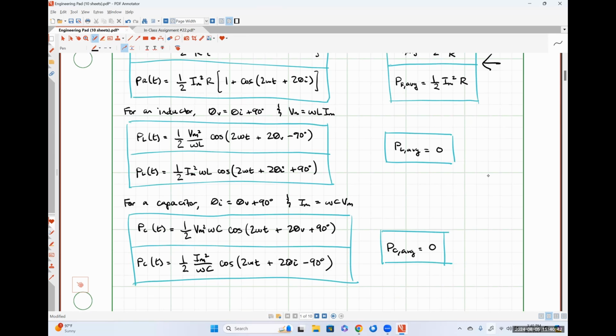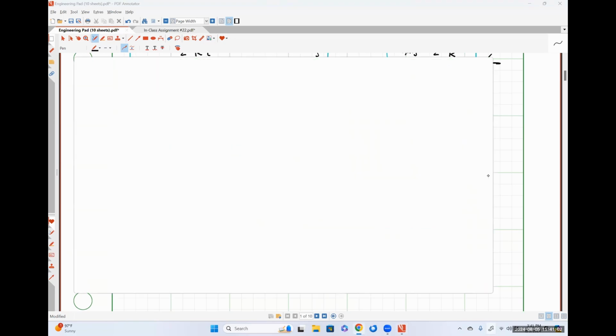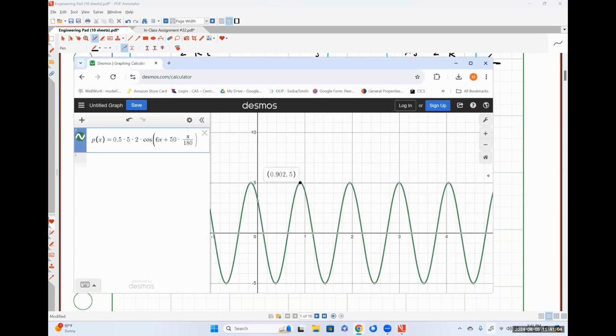This is new to you guys, so ask as many questions as you need to. Anything else? Dr. Hartman, I have one question. Yes. When you were graphing the sinusoids on Desmos, the waveform above the x-axis was what represented the power supplied, correct?